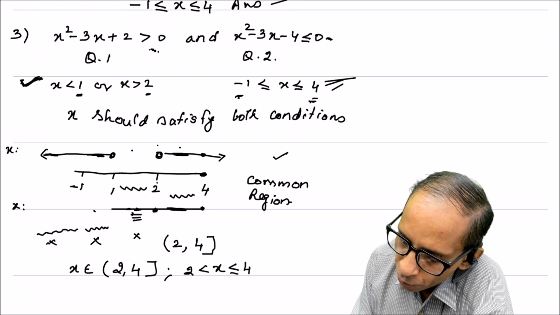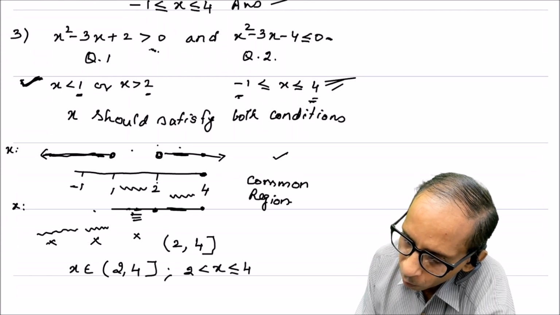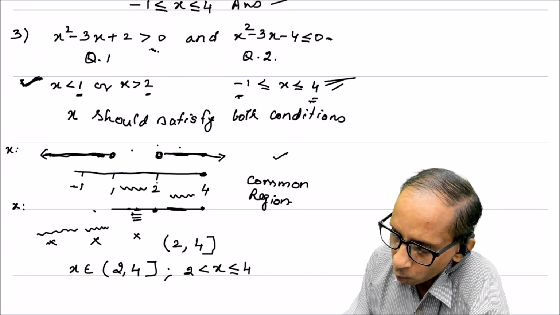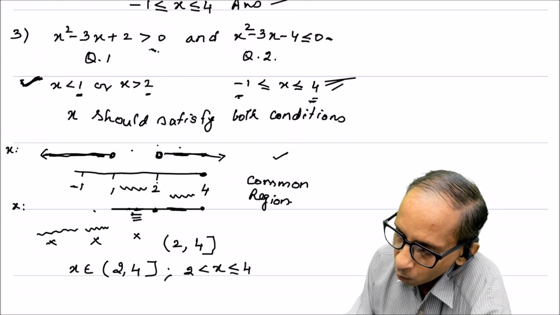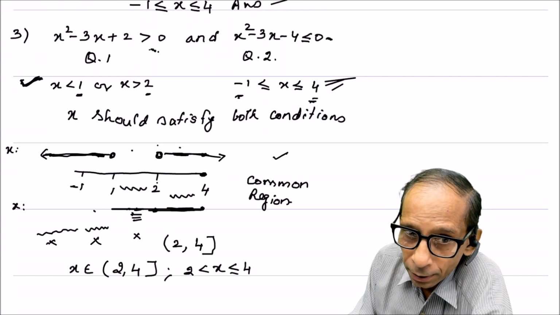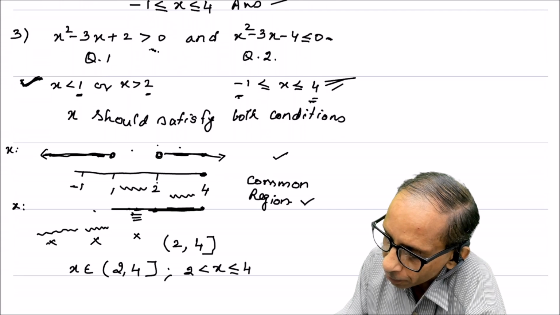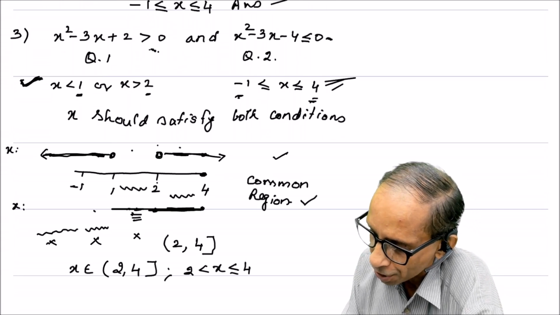The first solution we plot here on the top, and the second solution we plot in the bottom, that is the 1 to 4 region. Then we see what the common region is, that is where x lies in both regions.